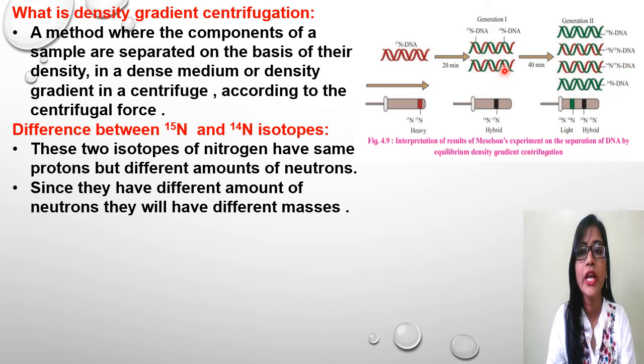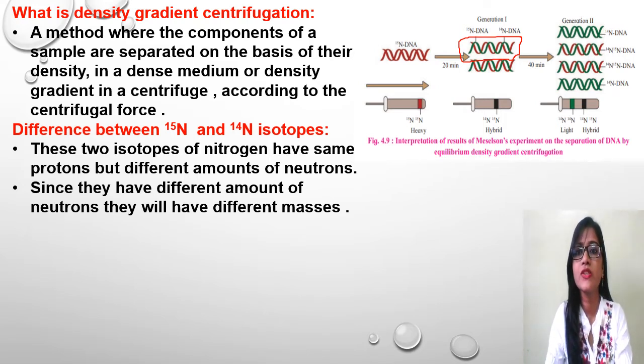Try to understand this. If you take only one strand of this double stranded DNA, one strand is the green part and one strand is the red strand.